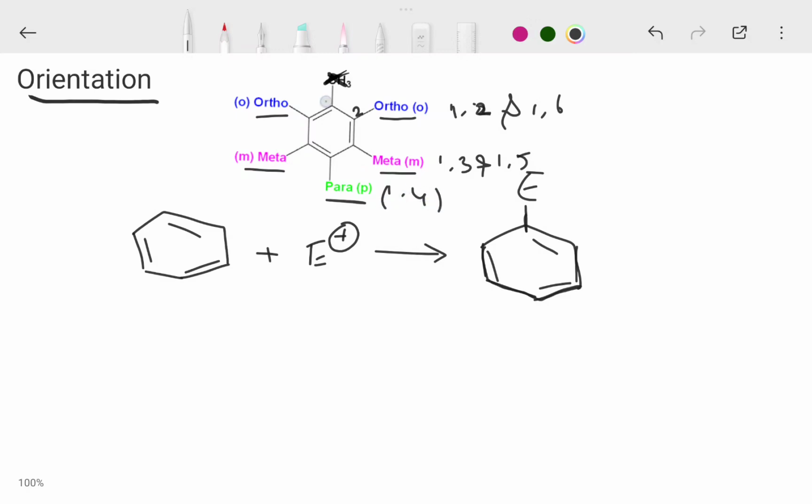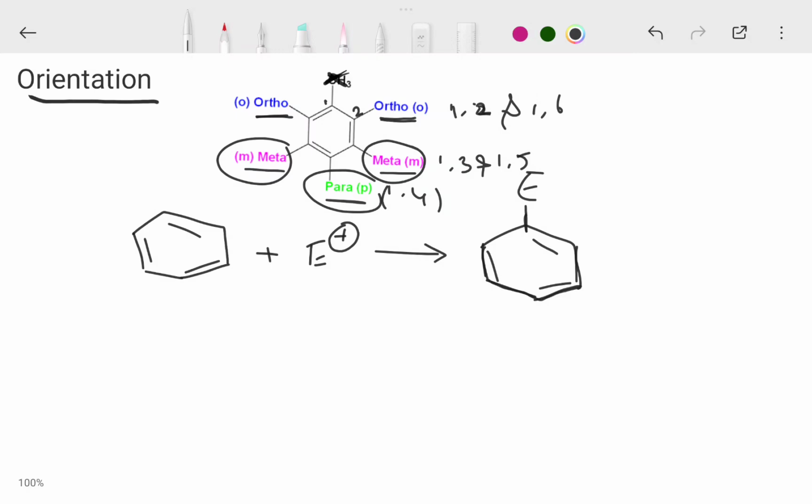The first substituent is at the first position. If the second substituent is at the second position, that is called ortho position. Second and 6, these two positions are called ortho positions. And 1,3 and 1,5 positions are called meta positions. 1,4 is a para position.